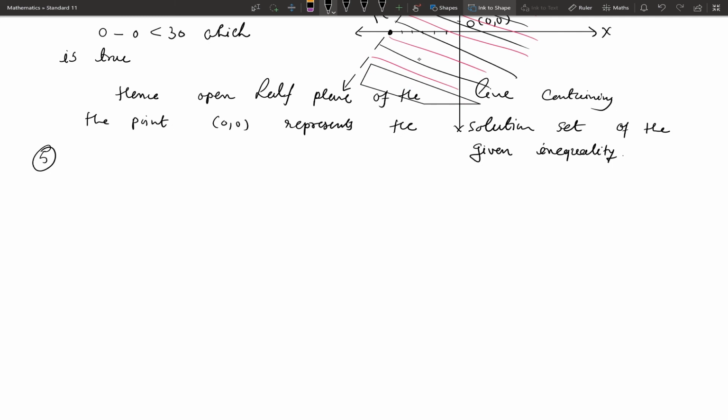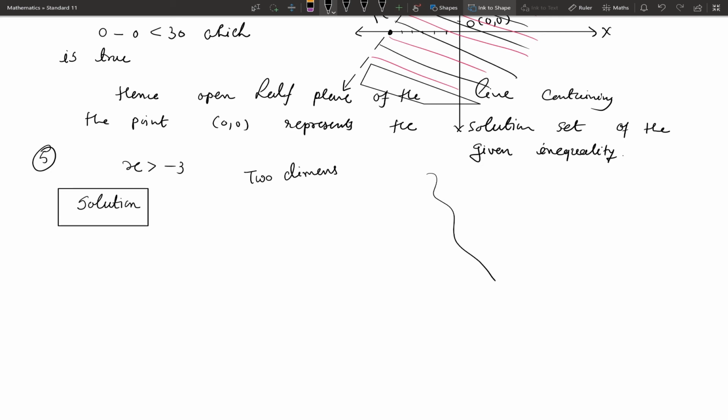Fifth one, x greater than -3. Solution. Now, x greater than -3. Note the difference between the two-dimensional plane and the same solution in R1, or the number line.